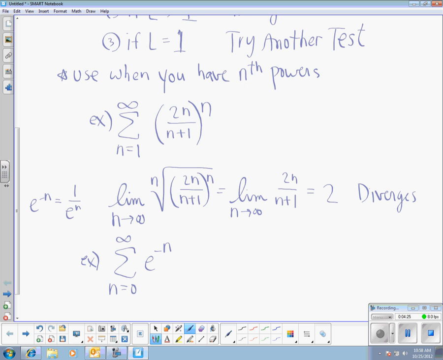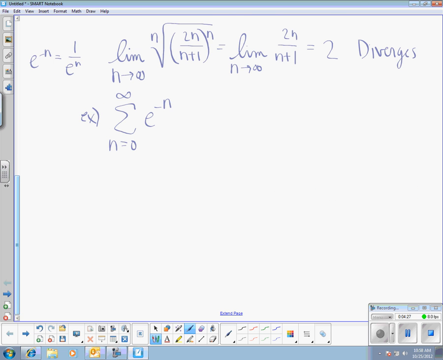So let's see, my test is going to look like this. The limit as n goes to infinity of the nth root of, I'm going to put this on the bottom because I'm doing an nth root of a negative nth power. I'm going to write it as 1 over e to the n instead of e to the negative n.